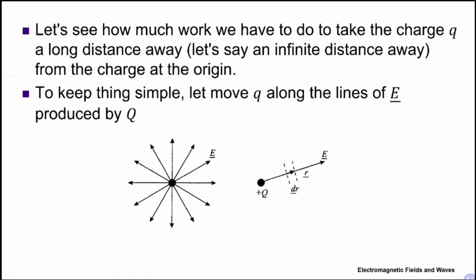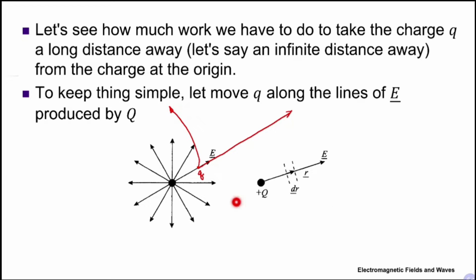For simple calculation, we're going to move along the electric field. For a point charge, the electric field points radially away from the point charge. So we're going to move this small letter q charge along the electric field to infinity. We're not going to move in other directions, as that is just going to make things very difficult to calculate.